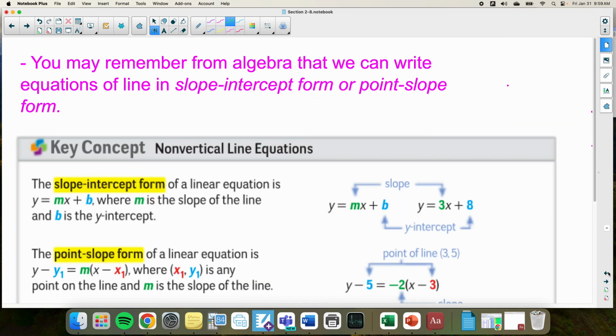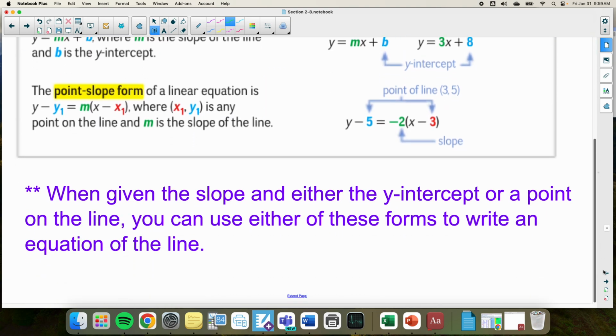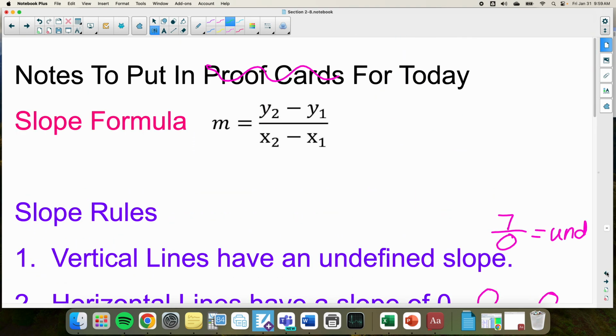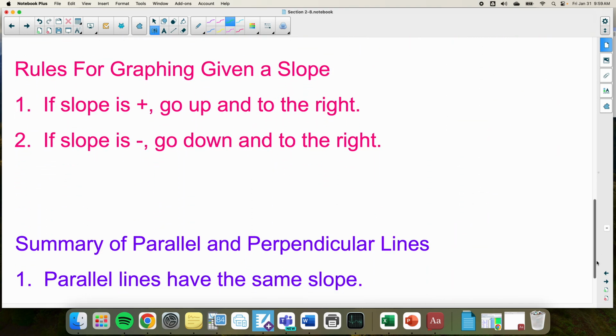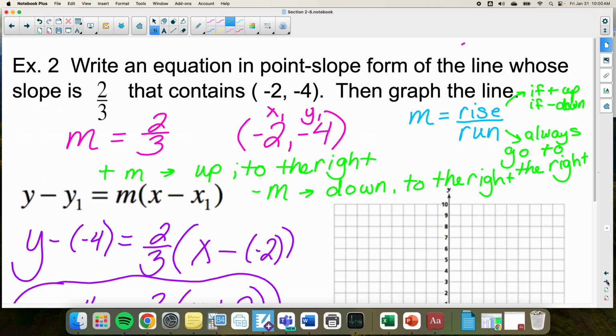No. Okay, so that's something, if you think that would help you, you certainly can. Oh, right here, yes. So if it's positive, go up and to the right. If it's negative, go down and to the right. Okay, so that would help you if that confuses you at all.